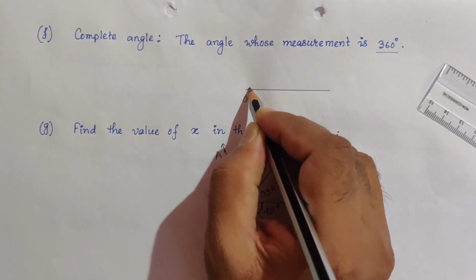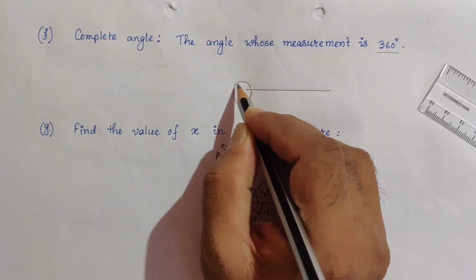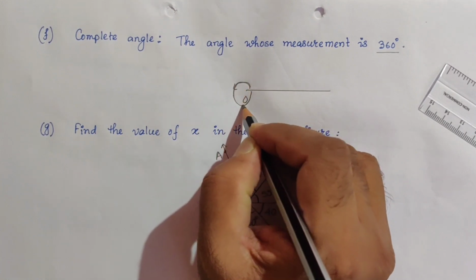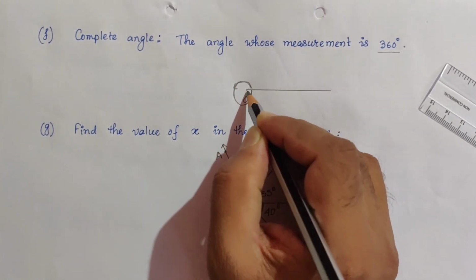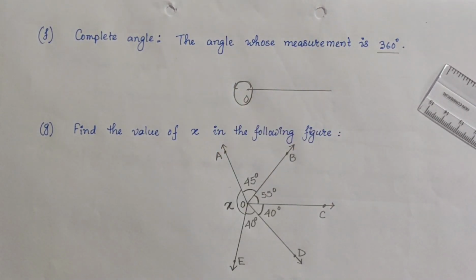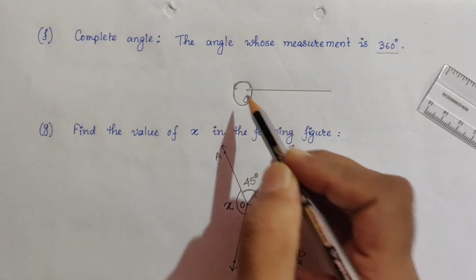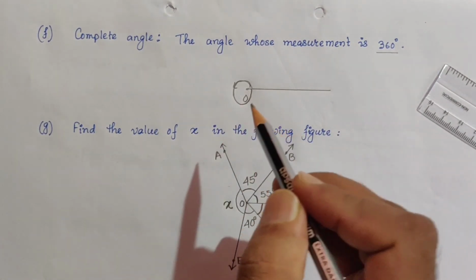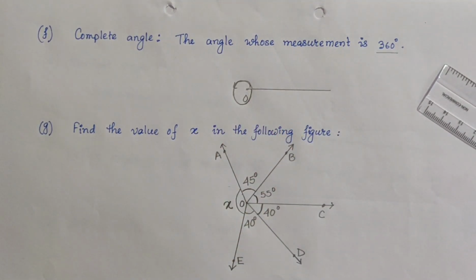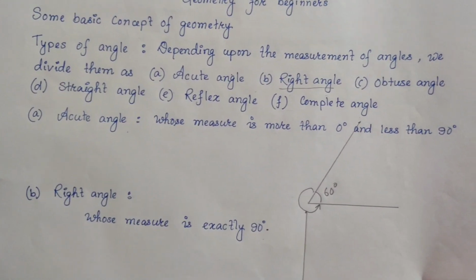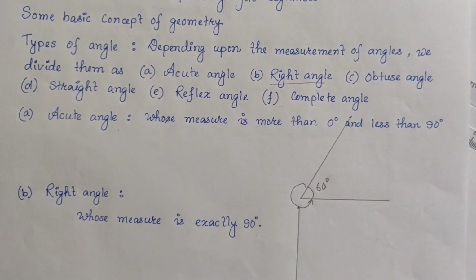Around this point, this whole angle is called a complete angle. So the measurement of a complete angle is 360 degree. Using this concept, that at a point the total angle is always 360 degree, we can measure the value of the reflex angle by knowing the acute angle's measurement.